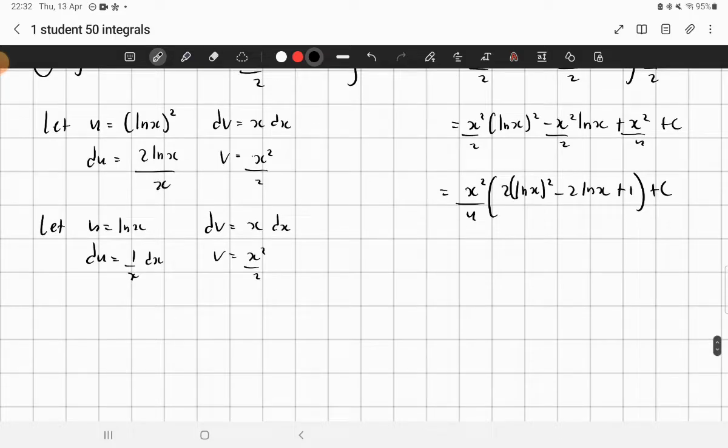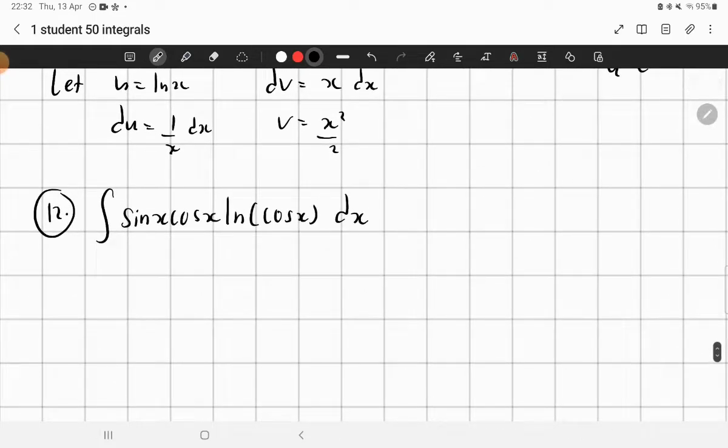Okay, so let's move on to question 12. So question 12, they gave us, wow, okay, the integral of sine of x cosine of x times ln of cosine of x dx.